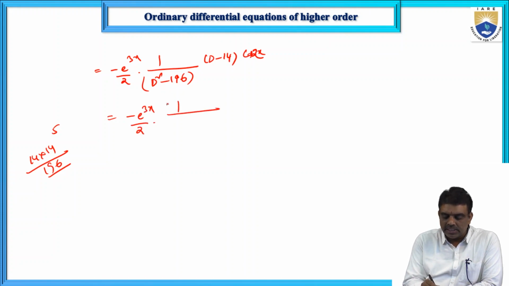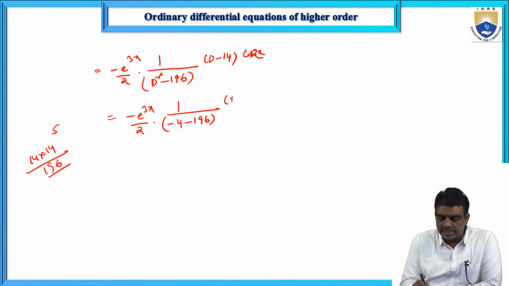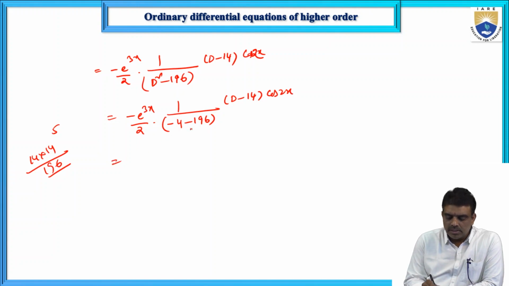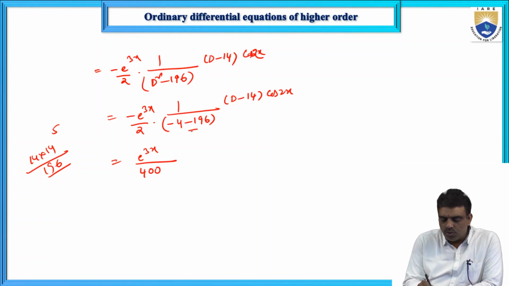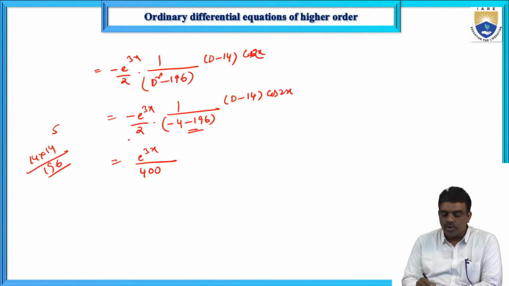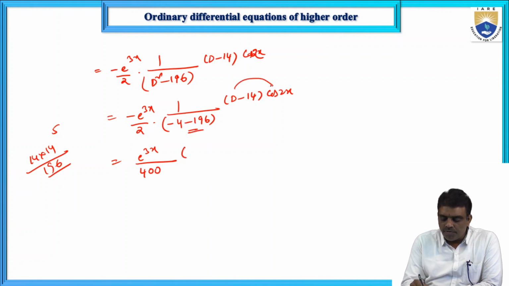Again on replacing D square by minus 4: minus 4 minus 196, D minus 14 of cos 2x. This is minus minus cancel, e power 3x by 200 into 2, that is 400. Now D of cos 2x is minus 2 sin 2x, minus 14 cos 2x.